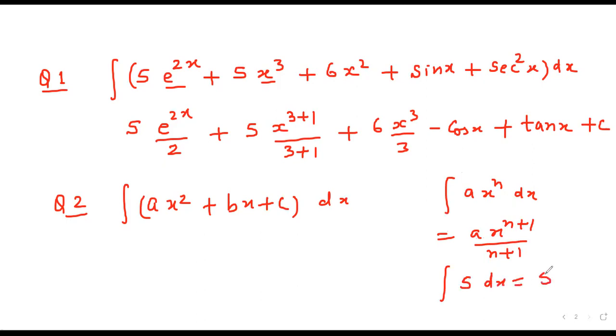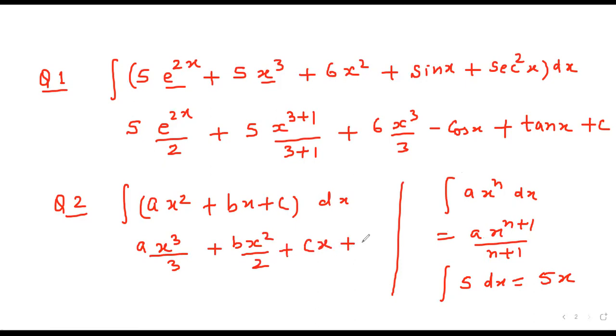In that case, we write 5x. So here it will become ax cubed by 3 plus bx squared by 2 plus cx plus a constant. Let's write it as c1. So this is the answer. Consider the next question.